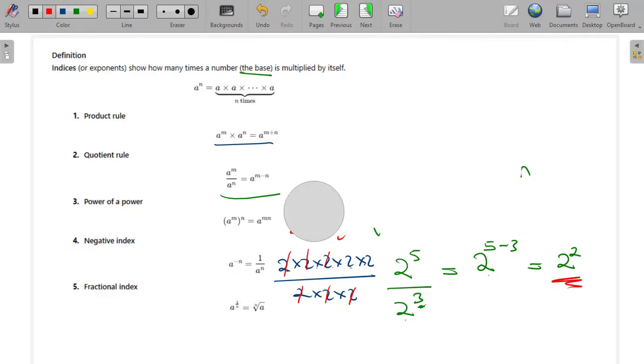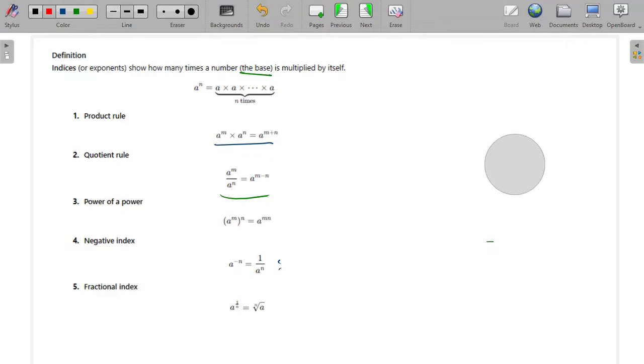Right. Let's move on to the next rule. So the next rule which we have is this one here. It's saying power of powers. So you have a base a raised to the exponent m, and then you're raising it to another exponent n.